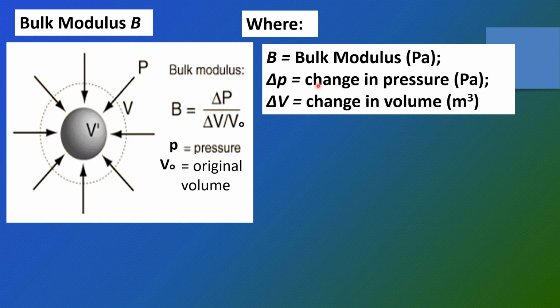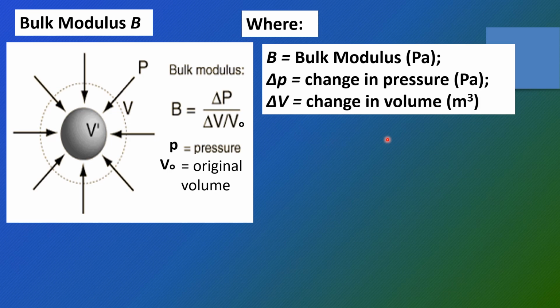That's the reason why the unit for the bulk modulus, capital B, is the same as the unit for what we call volumetric stress, denoted by delta P.